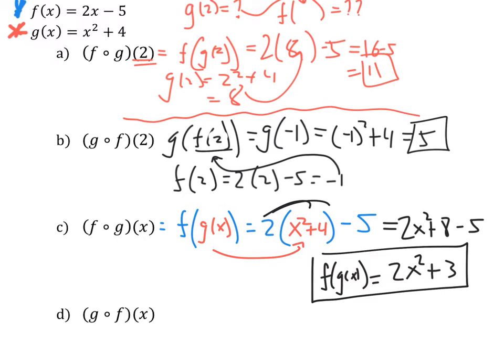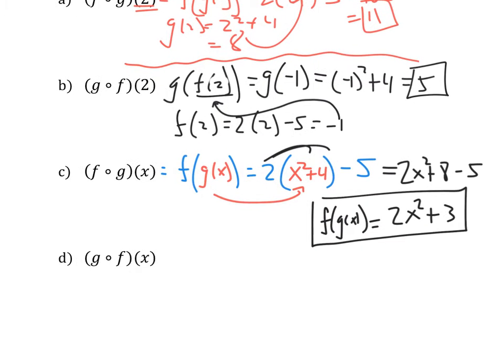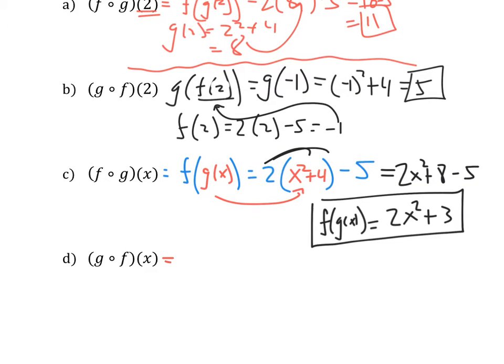So that's the idea. Let's try g of f of x. If you want to pause it, it's a good place to pause it and try it out for yourself. See if you can figure this out here. We're going to put f inside of g. So g is the outside function, and we'll put f of x inside. And so we go look at g here.